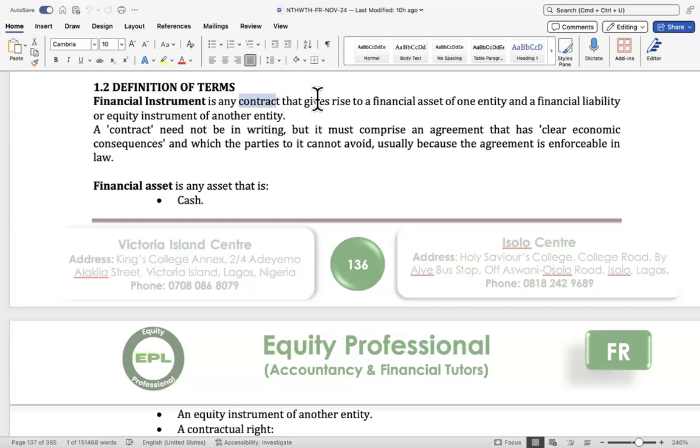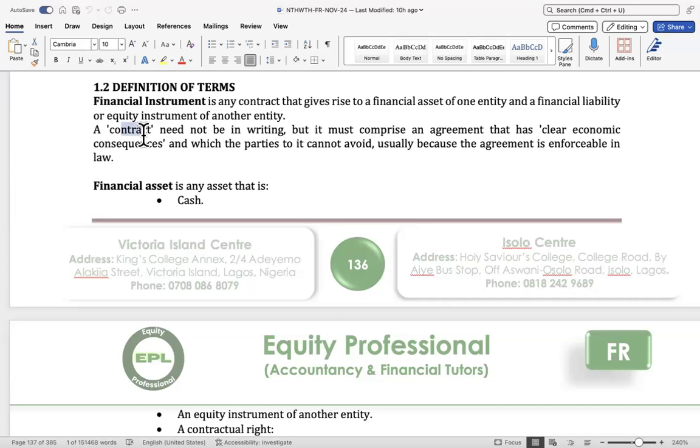It's an agreement that has clear economic consequences, which means the parties cannot avoid it, usually because the agreement is enforceable by law. And very importantly, a contract need not be in writing. It's simply an agreement that has clear economic consequences.